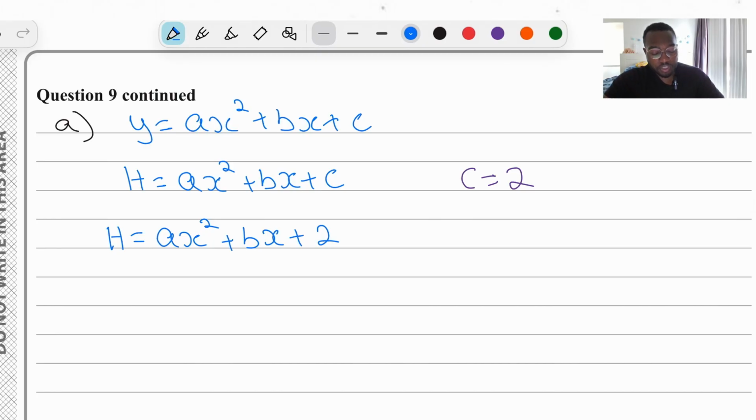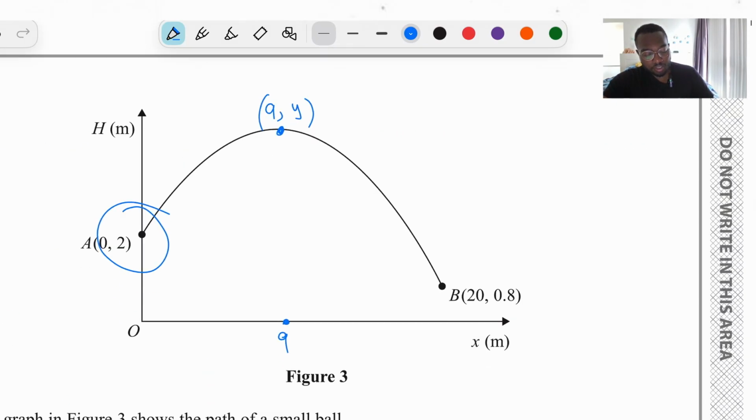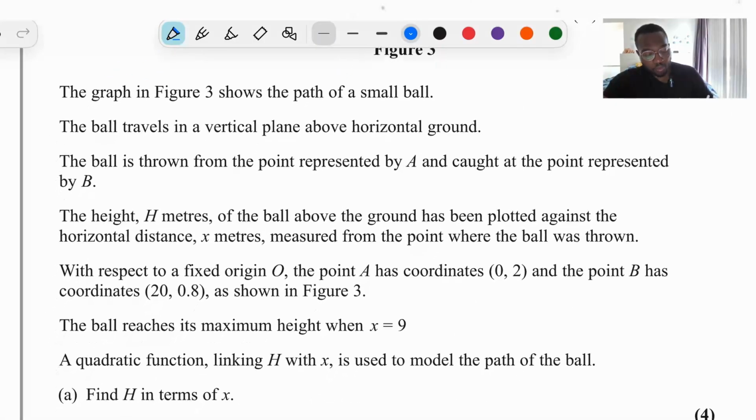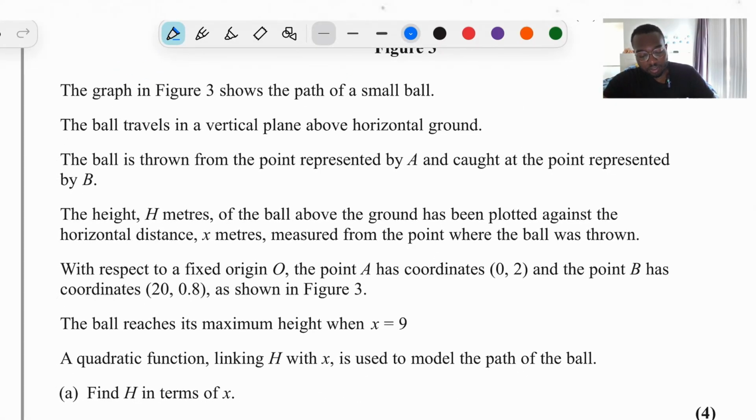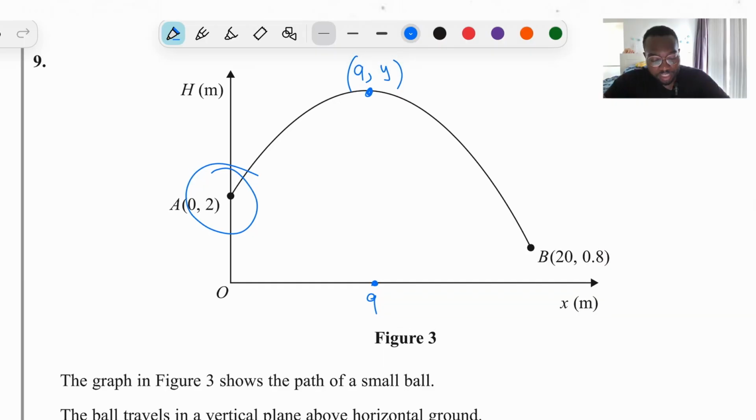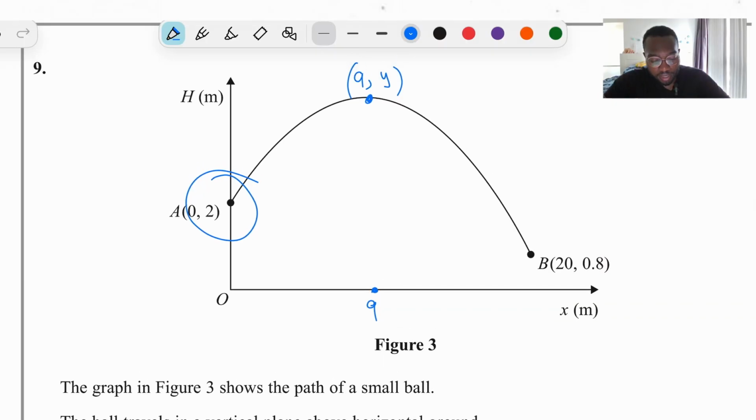First things first, what do they tell us? They tell us that the ball reaches its maximum height when x is equal to 9. So what does that mean? If we look at the graph, that maximum height is a stationary point, and that means dh over dx must be equal to 0.